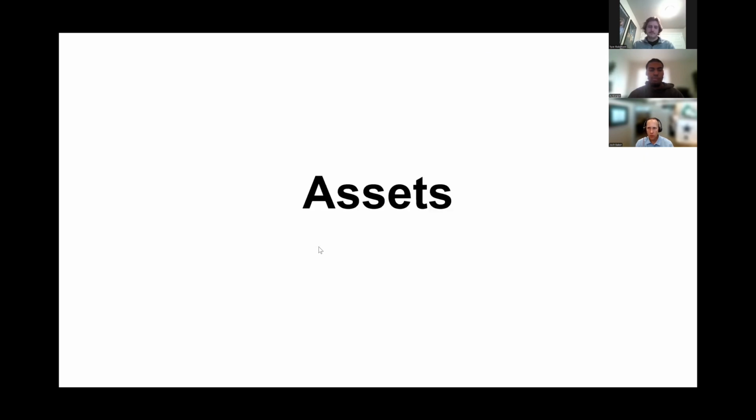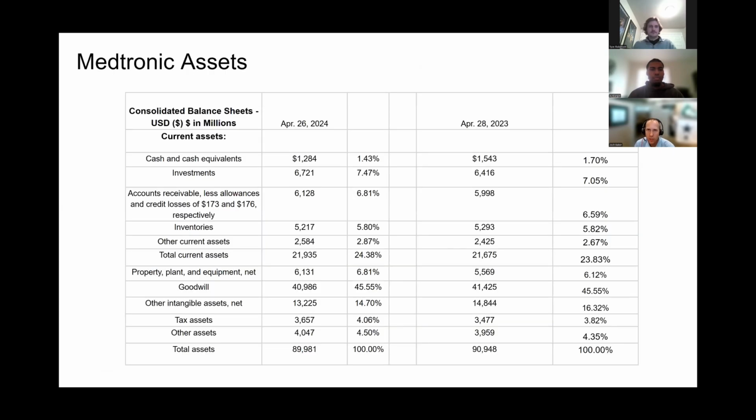Okay. Under the asset section, I have Medtronic. Breaking it down, you can see the types of assets: cash and cash equivalents, investments, accounts receivable, inventories. So their more liquid assets account for almost a quarter of their total current assets. And then PPE plays a small amount.